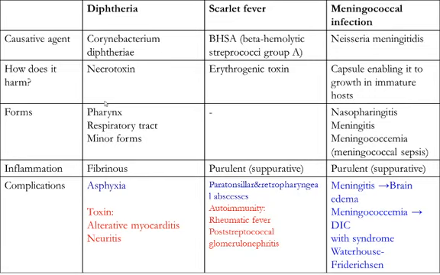Also, the exotoxin of Corynebacterium diphtheriae can lead to ulcerative myocarditis and neuritis, inflammation of the axons of our nerves.